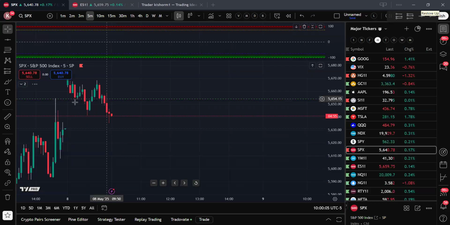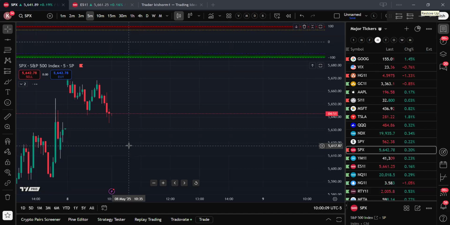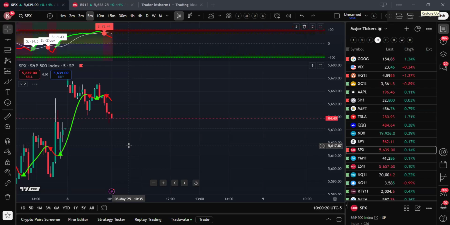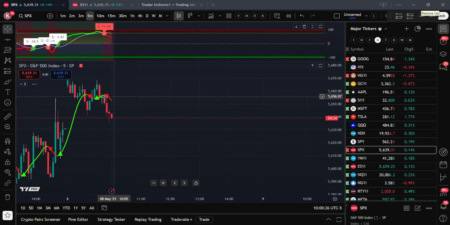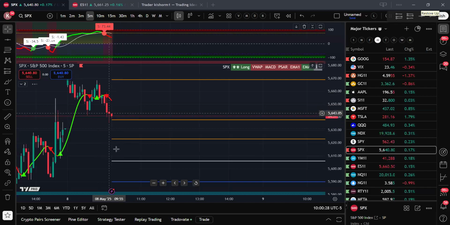We took calls for SPX, and we got the puts for gold. Both of them are dropping. Here we got a perfect confluence. It went all the way to the top. It touched the resistance. T5 became red.